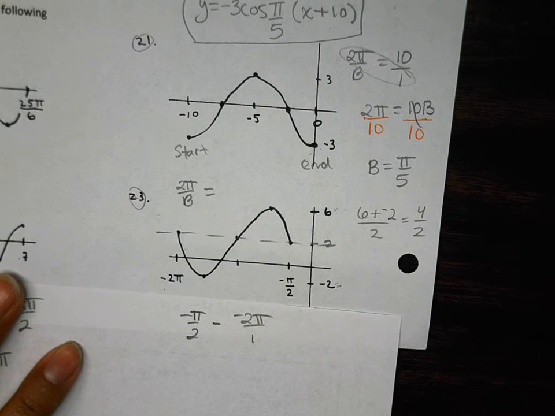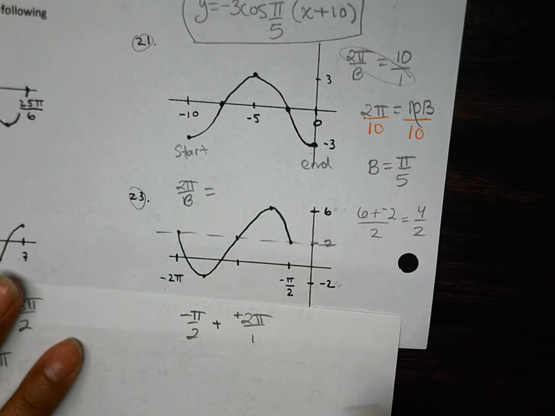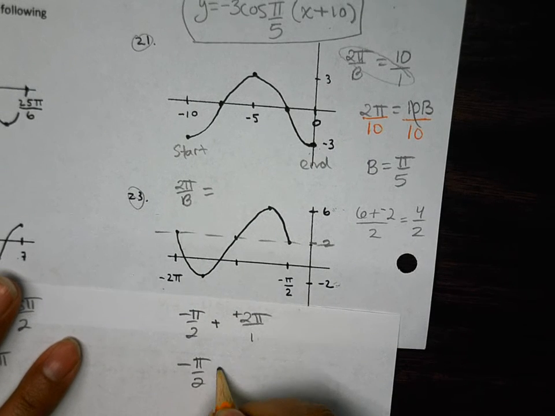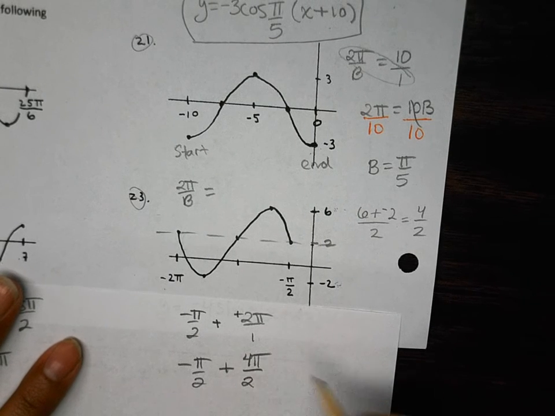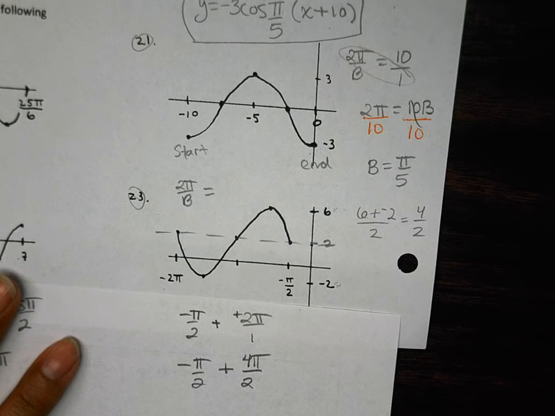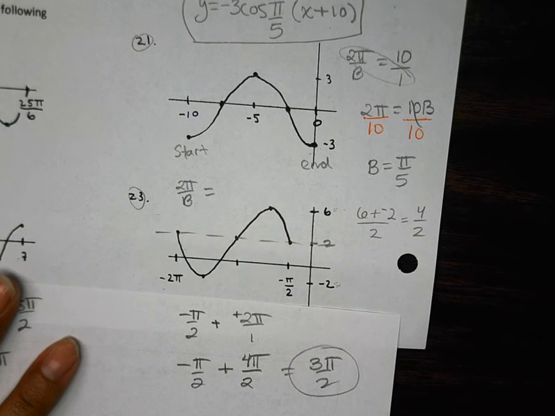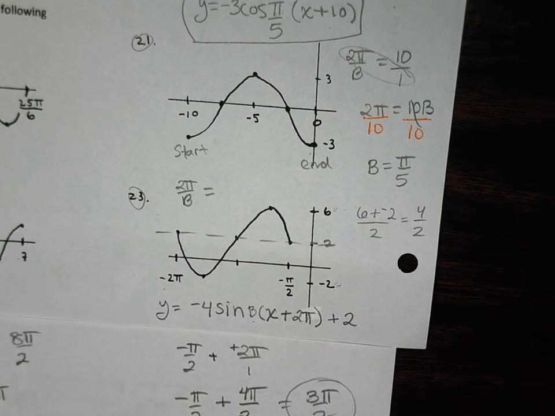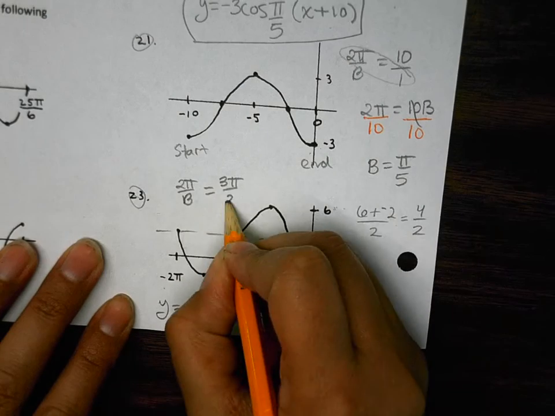Did you guys work it out already? Plus, plus, negative pi over 2 plus, what does that become? 4 pi over 2, yes or no? Yes. And what does that become? 3 pi over 2. So what's the period length? 3 pi over 2. So 2 pi over B equals 3 pi over 2. Wow, does this one have a lot of work?